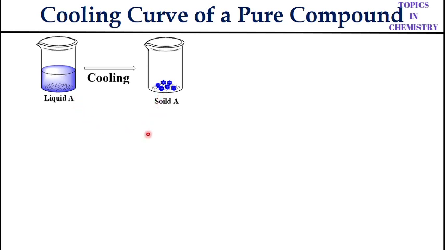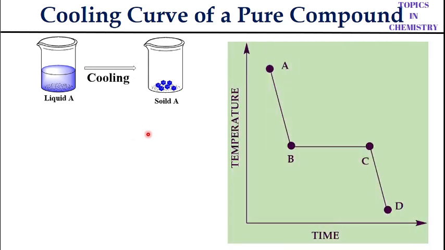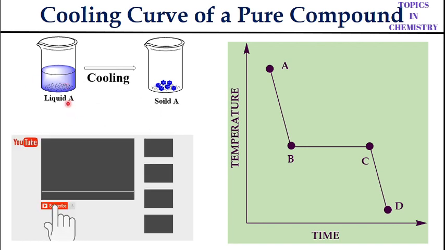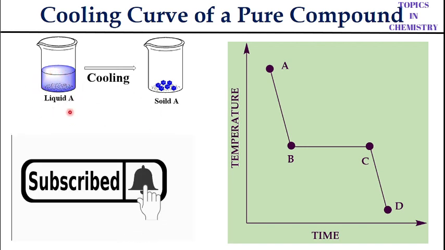Now you have to know the temperature versus time curve for such cooling. Here you can see A is the first state, and with increase of time the temperature decreases, since cooling is done. First the temperature of the liquid A decreases.